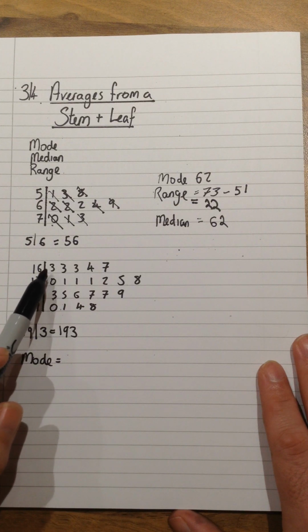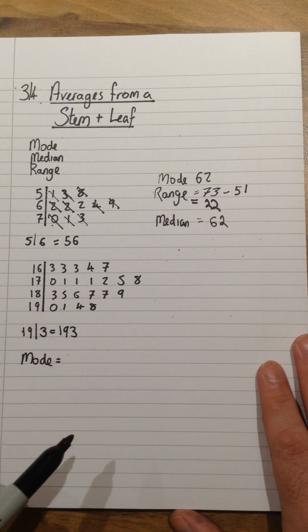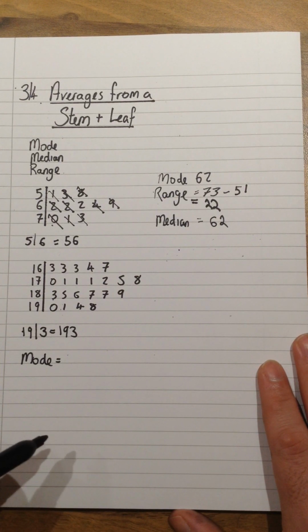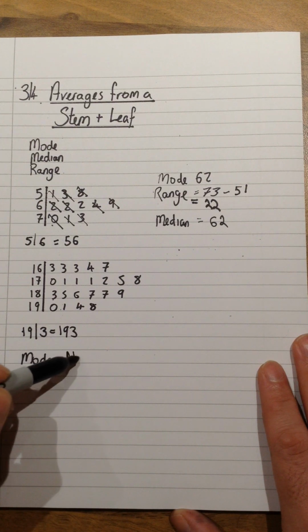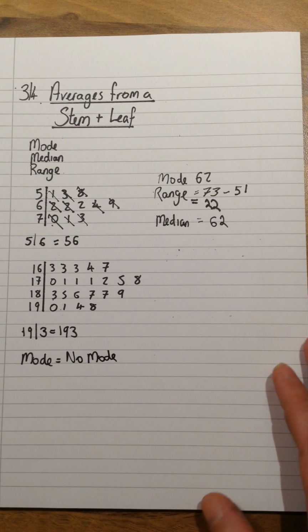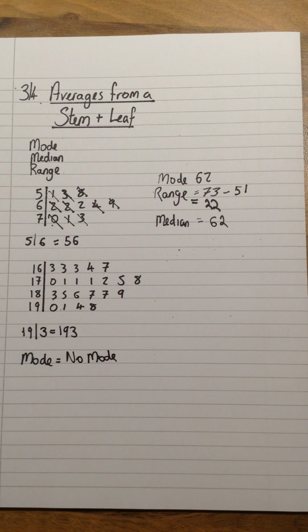However, because there are 3 163s and 3 171s, it is a tie. There is no number that appears more than anything else. So we would say no mode. Or as we said with the list questions that we did a couple of lessons ago, we could say bimodal, but we'll leave it as no mode for now.